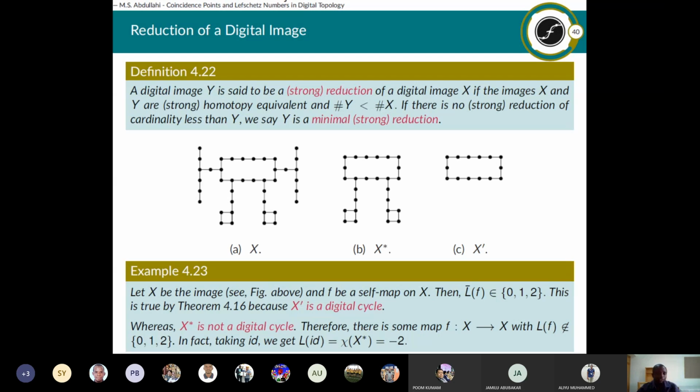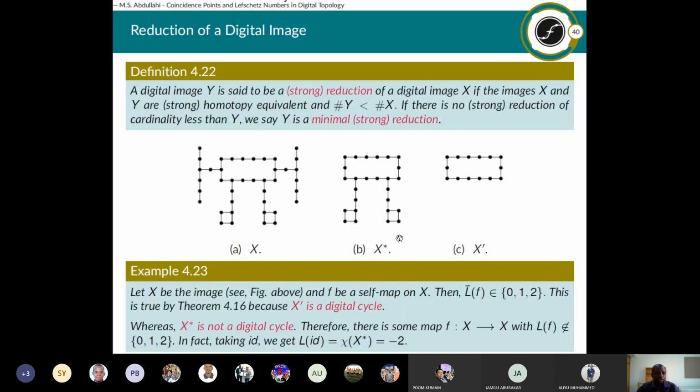An example of this is the following. Suppose we have this image X, and we have X star, and we have X prime. This is the list we can reach using strong homotopy on the identity, and this is the list we can achieve when we use the ordinary digital homotopy.